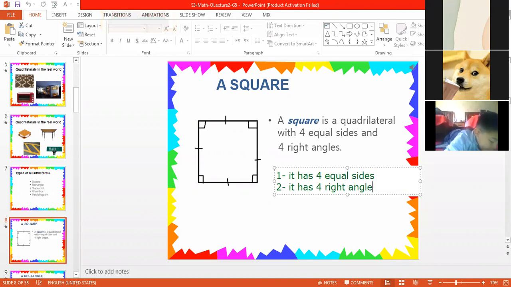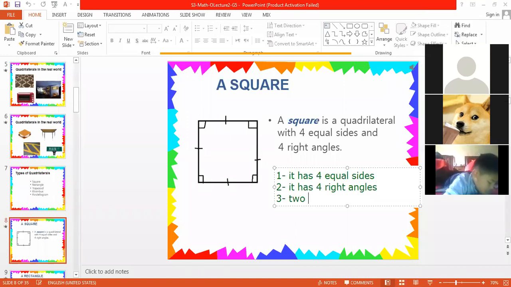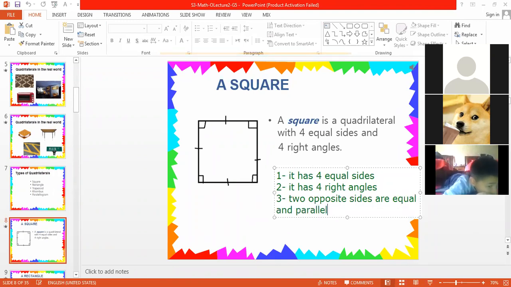Very good. One more property: the opposite sides are equal and parallel. Actually, two pairs of opposite sides are equal and parallel, right?